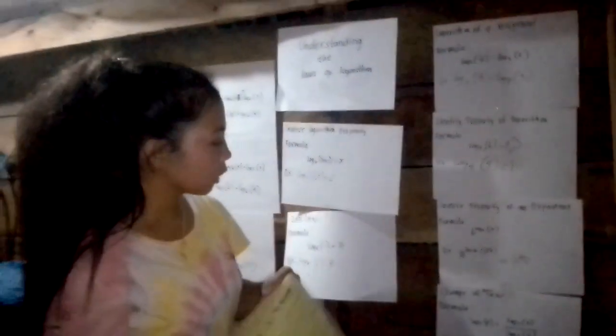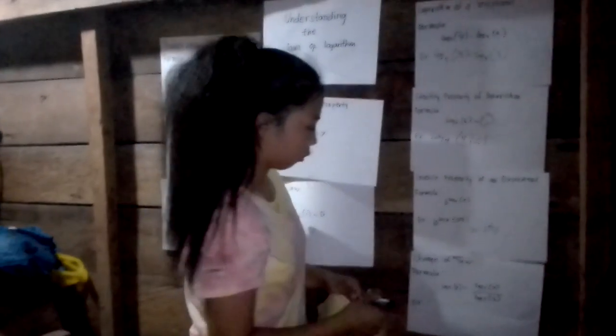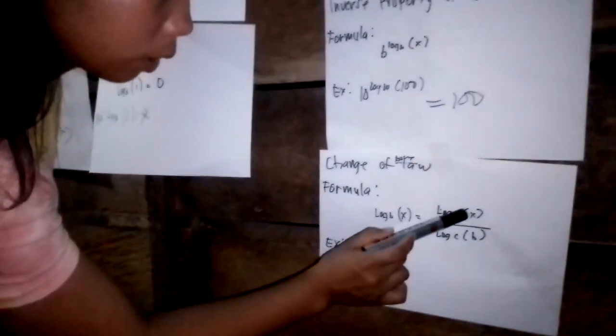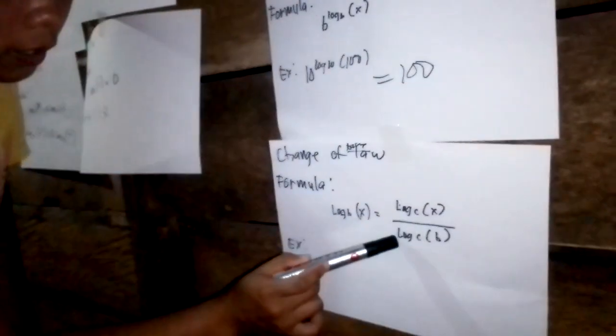So the last one is the change of base law. The change of base law allows us to switch between different bases when working with logarithms. The formula is log base b of x is equal to log base c of x over log base c of b.